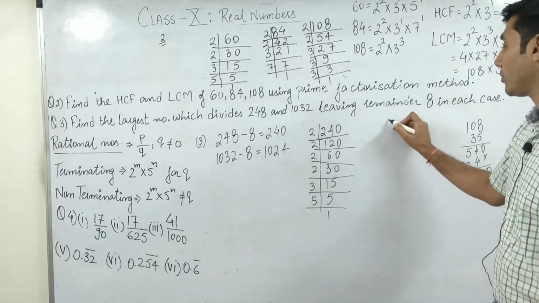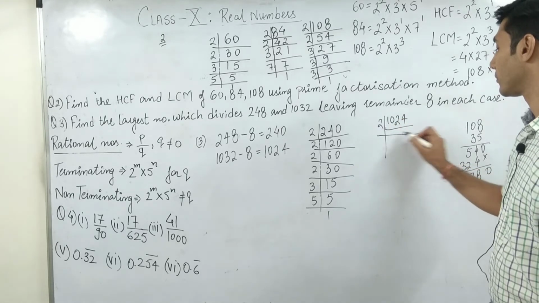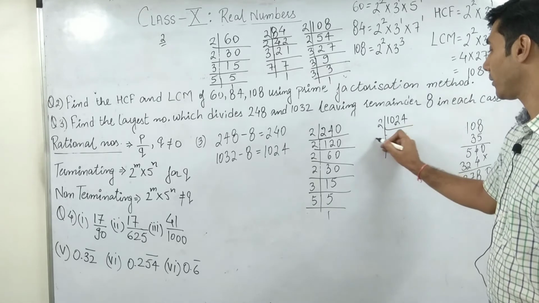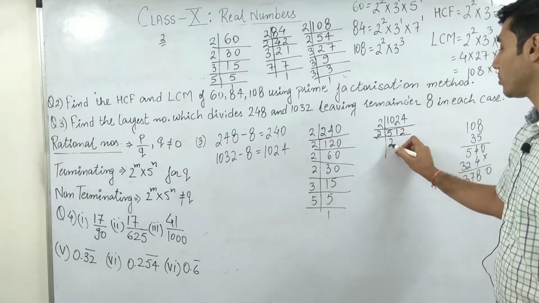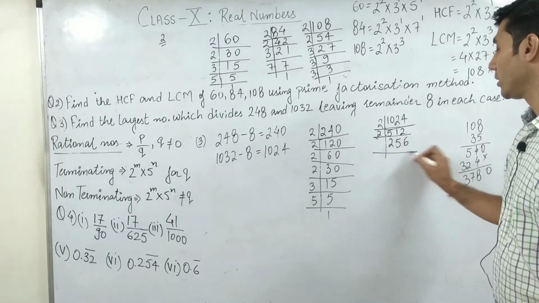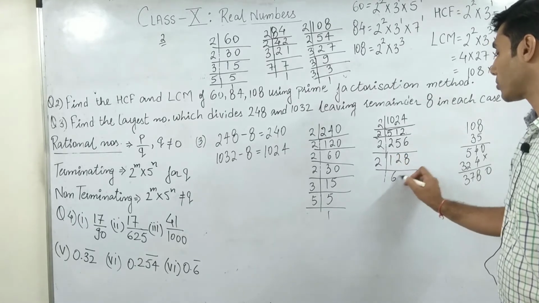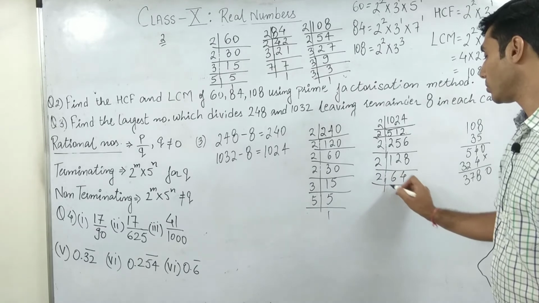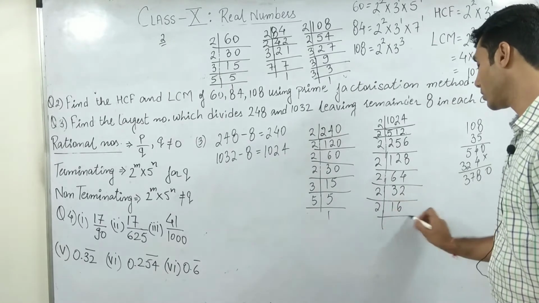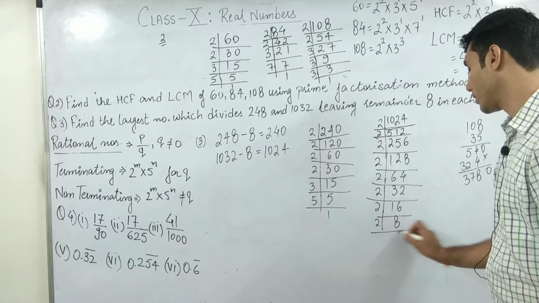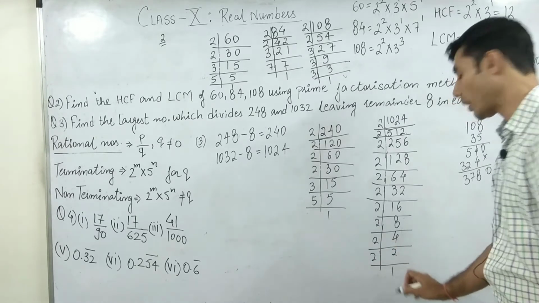Then coming on to the part 1024. 1024 divided by 2 is 512, 256, 128, 64, 32, 16, 8, 4, 2, 1.